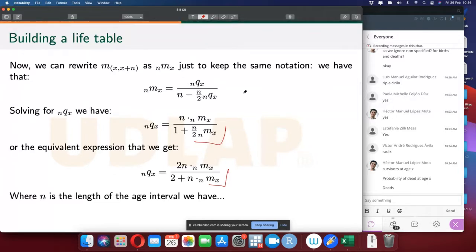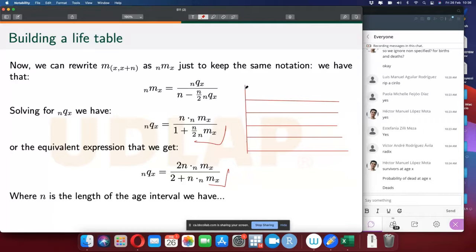So before we move forward, what we are doing here essentially is the following. Let me try to get a nice Lexis diagram. Again, let's assume that this is a perfect grid.